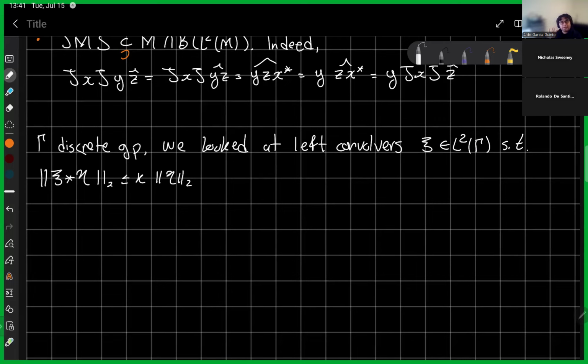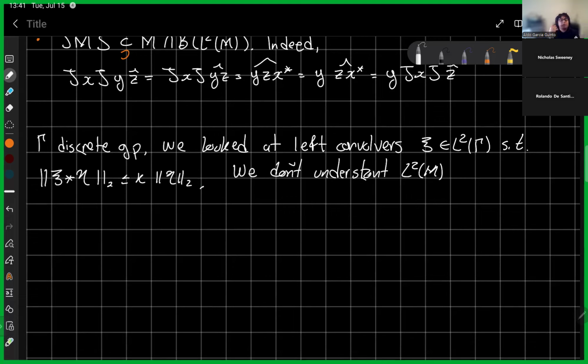The reason why in this case you're able to define this in such a neat way using the convolution is because you know what the elements in L2 of gamma look like. You have a real way of controlling the vectors. In this case, we don't. We do not understand L2 of M in general.